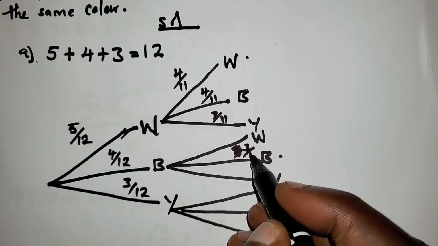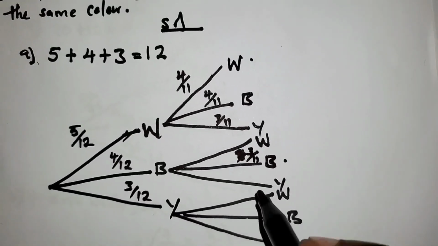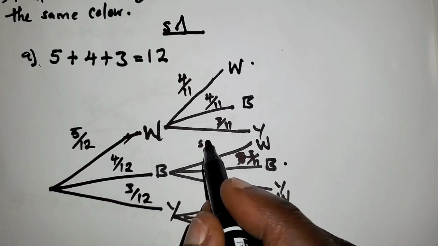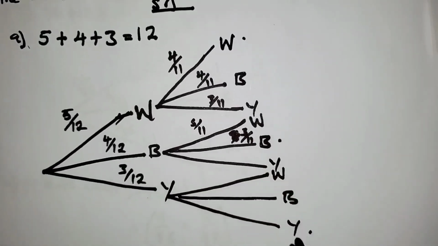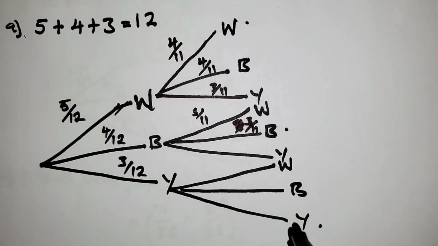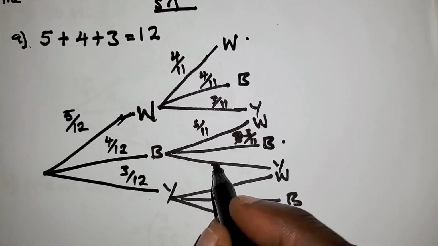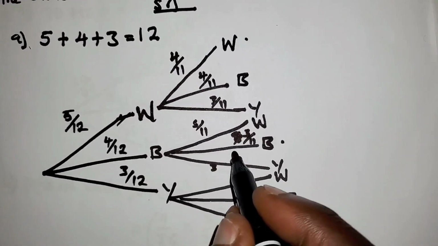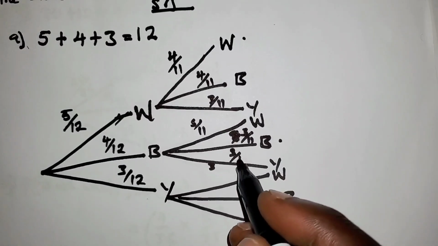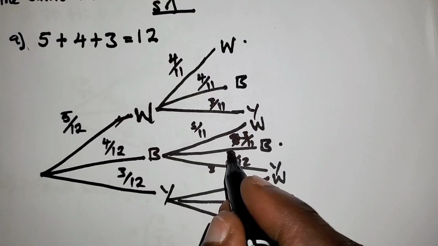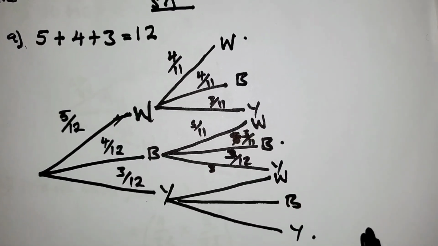So 3 over 11. Then white we're going to maintain as 5 over 11. And then yellow, we're going to maintain as 3 over 12.